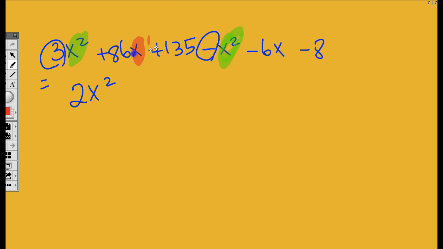And so here's an x, and here's another x. So then I look at the number at the front, right? 86 minus 6 is going to be, good job, positive 80x. And then the numbers by itself, 135 minus 8 is positive 127. Good job. And so that is going to be our answer.